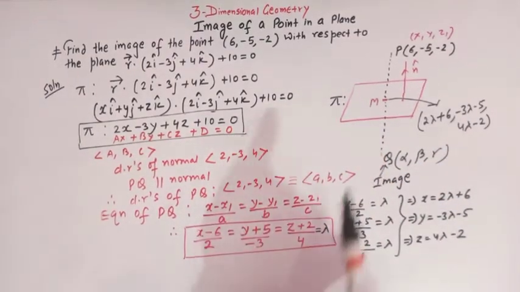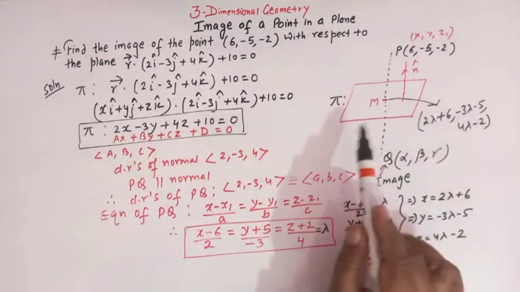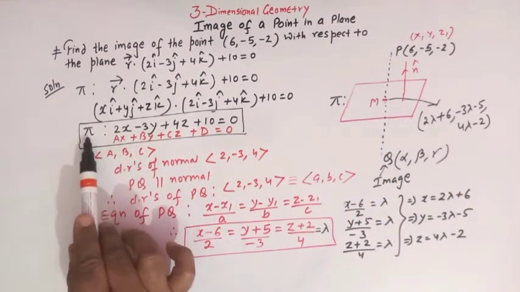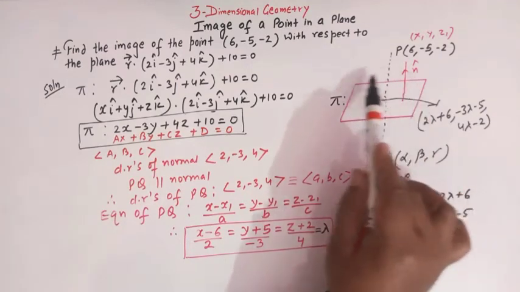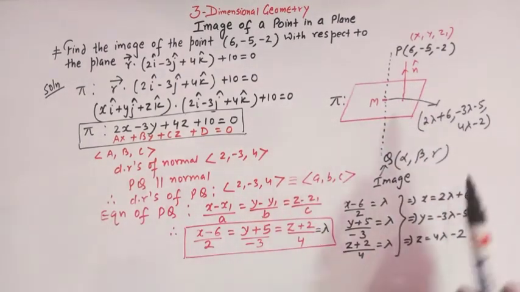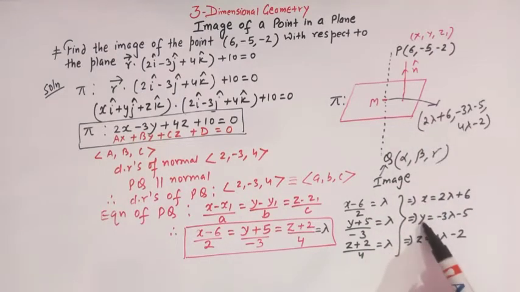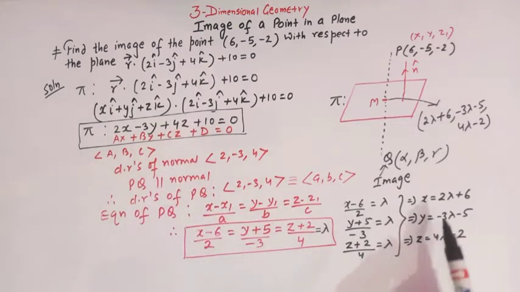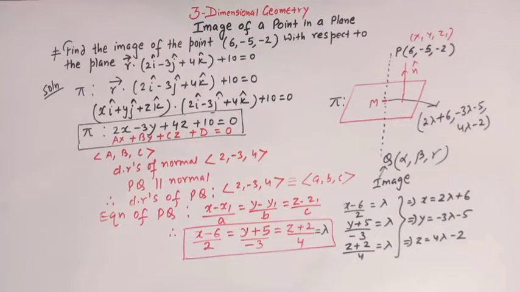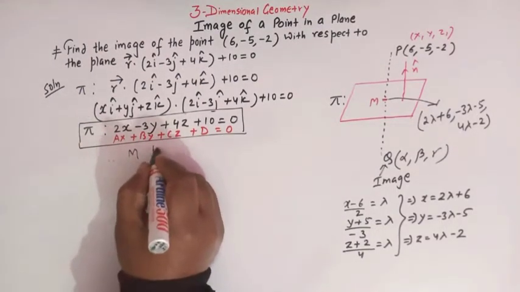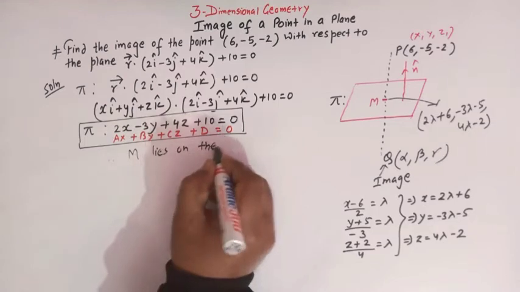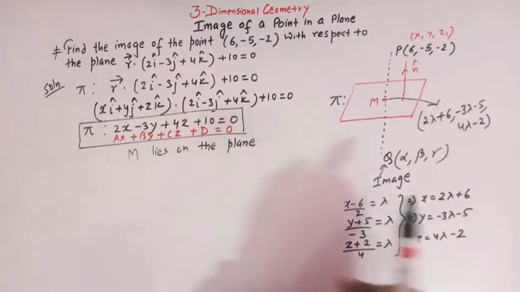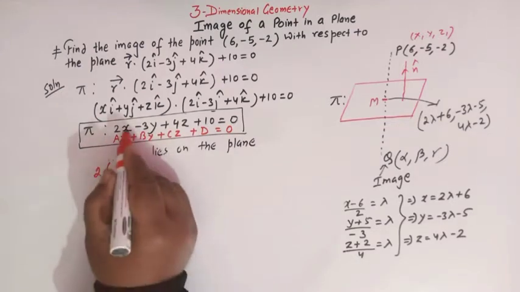So therefore this point M satisfies the equation of the plane pi, because this point M lies on the plane also, right? So let us substitute the values of x, y and z in the equation of the plane pi to get the value of lambda. Now we have 2 times x.